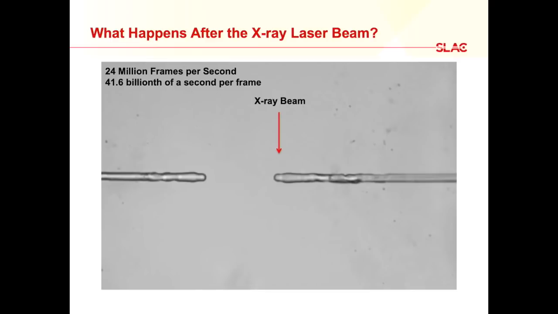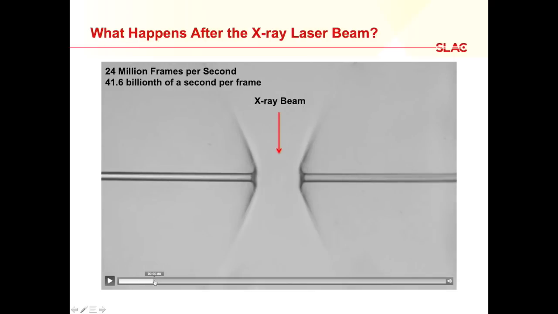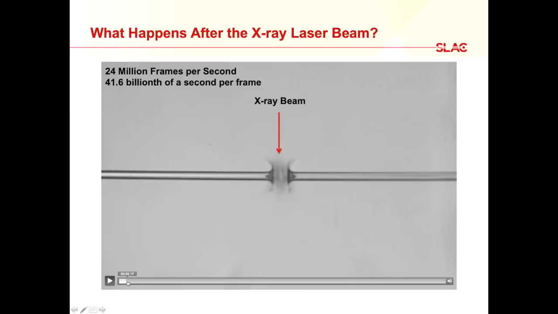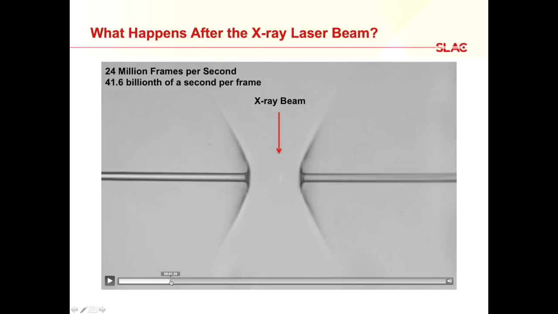And yet, as I said, all this happens after you've been able to make a successful measurement of a very fragile molecule. So this is the beginning of the process here, where the X-rays come in, they vaporize the water, it gets very hot, and then this creates very high pressures that push the water away, and then eventually it forms this big gap in the jet.